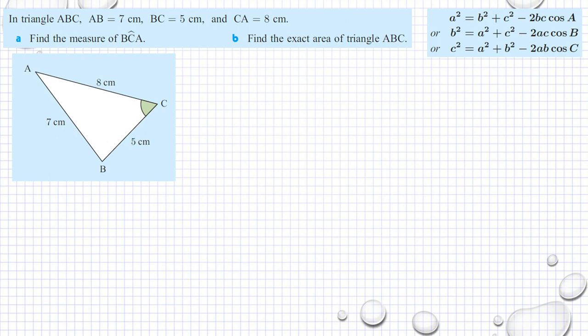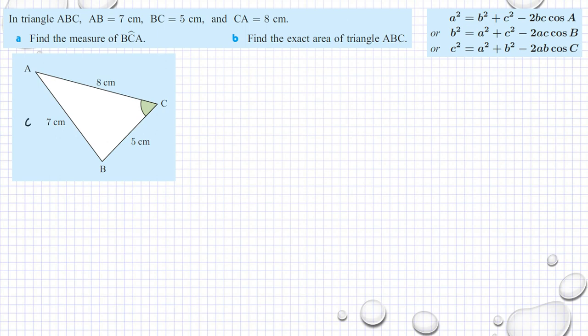So we need to find the angle ACB or BCA, it doesn't matter. We need to use the cosine rule.